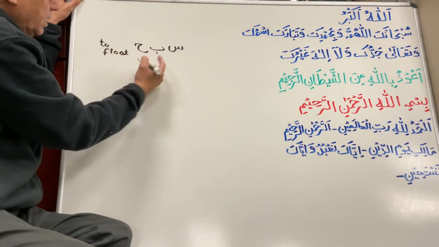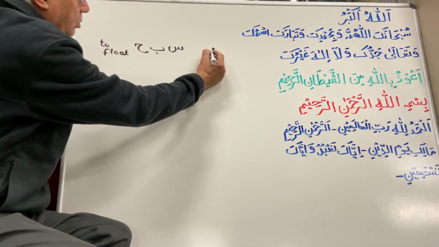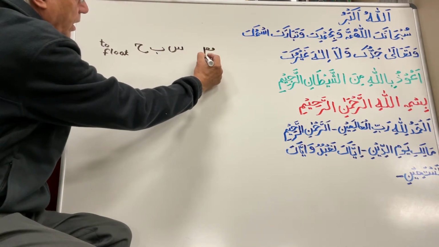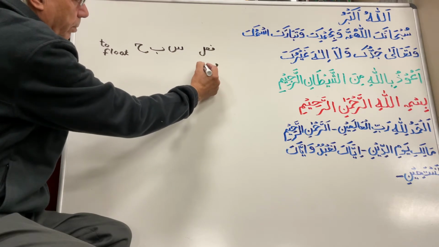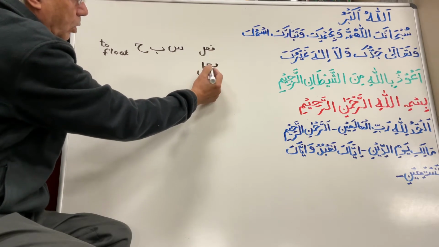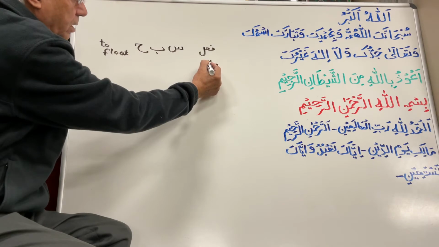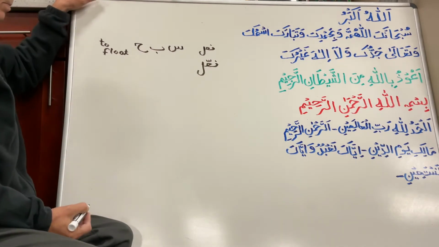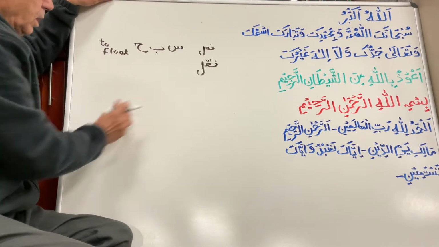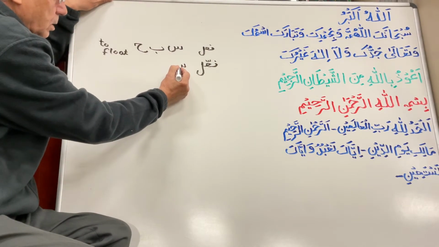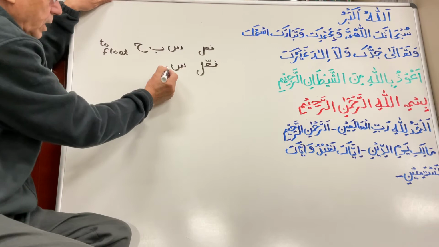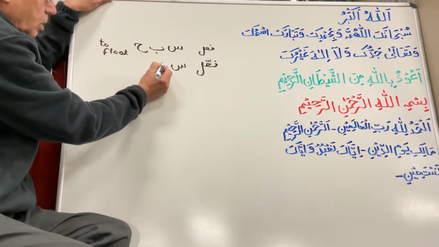These are three letters, so they belong to the group of words we call fa'ala. And we have learned that we can make bigger words by putting more letters in there. So if you double up the middle letter, it becomes sabbaha. The middle letter has a shadda or tasdeed.